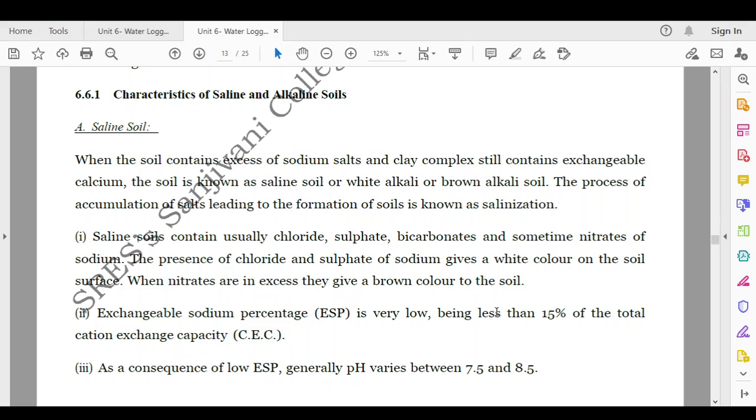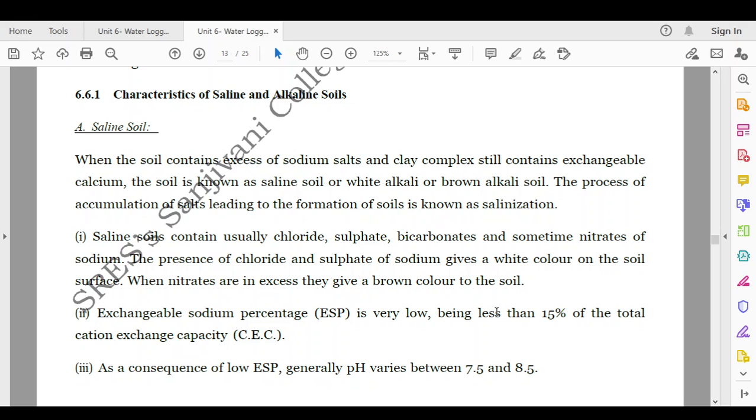The process of accumulation of salts leading to the formation of such soils is known as salinization. Saline soils usually contain chloride, sulfate, bicarbonates and sometimes nitrates of sodium. The presence of chloride and sulfate of sodium gives a white color on the soil surface. When the nitrates are in excess, they give a brown color to the soil.